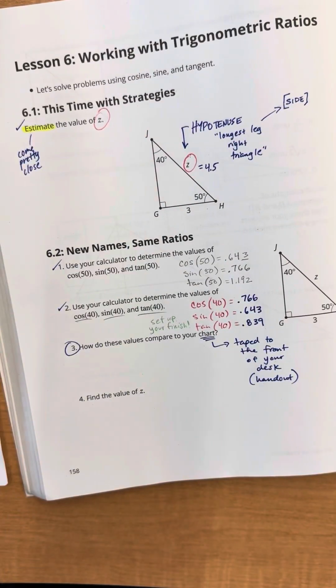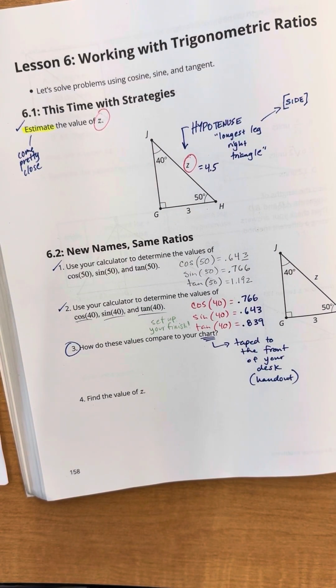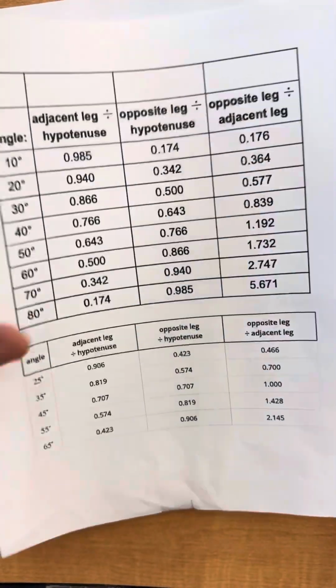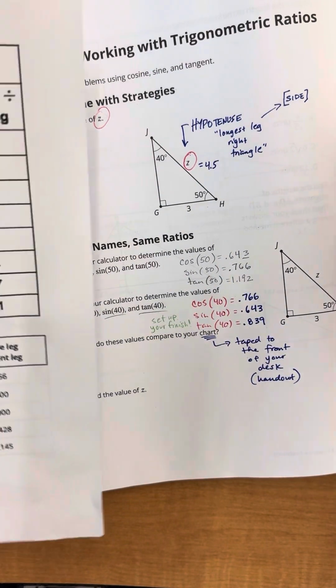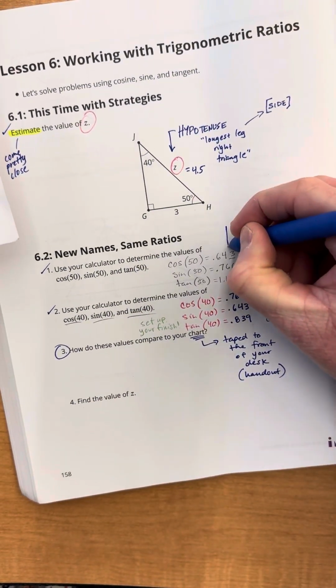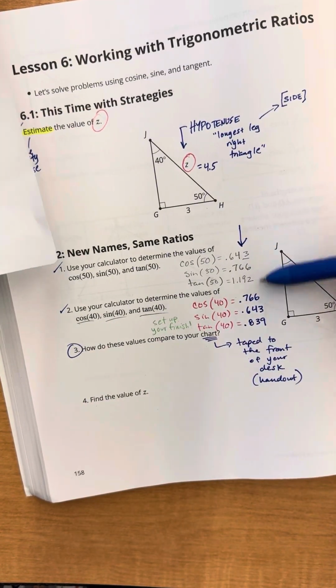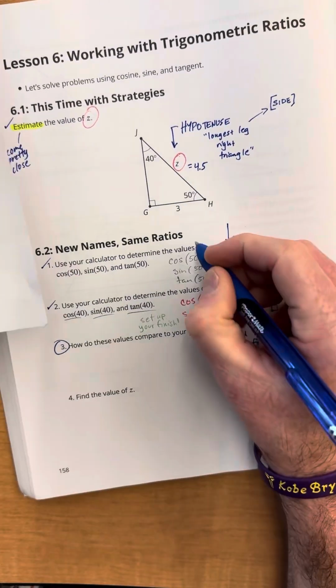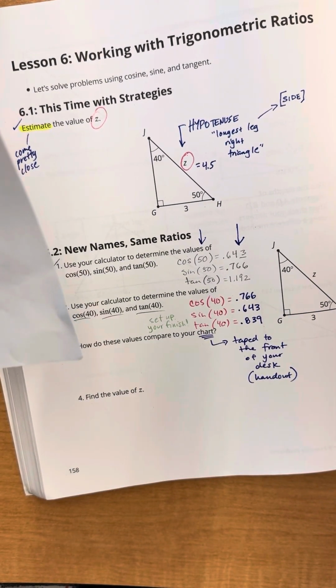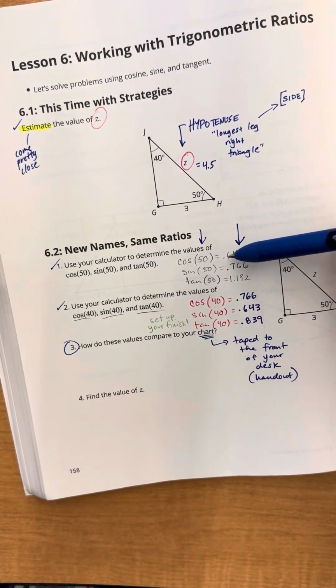Here's your chart. So there's your chart, right? So they are asking you to compare these values to your chart. So remember we got 50. Please don't write anything on there. Okay, thanks. Cosine 50.